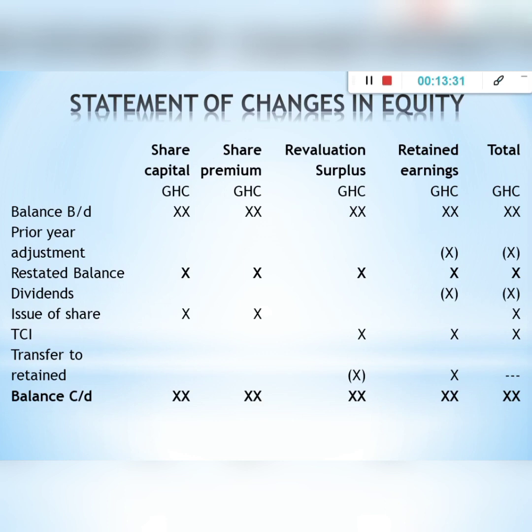In this case, its benefit will be subtracted from the revaluation surplus, and then it will be added to the retained earnings. So I'm repeating it again. Its benefit will be subtracted over here from the revaluation surplus, and then added to the retained earnings. Now after we have adjusted for the changes in equity items, then we get our closing balance that we are expected to show in the statement of financial position.